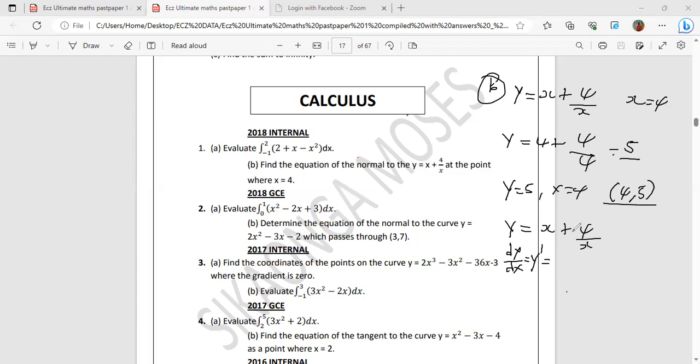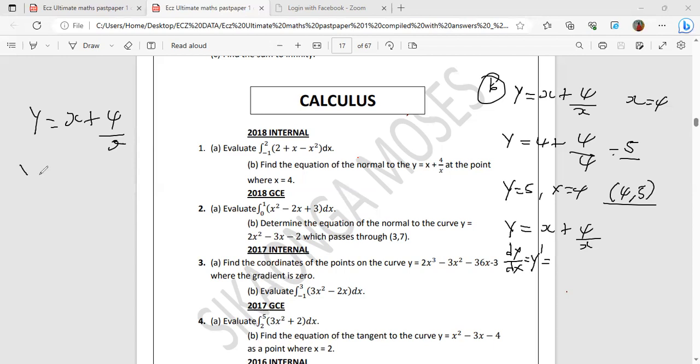Before we differentiate, let's see what is happening here. We have y equals x plus 4 over x. Remember that whenever you're differentiating, this x should be a base, not a denominator the way it is here. It should always be a base.